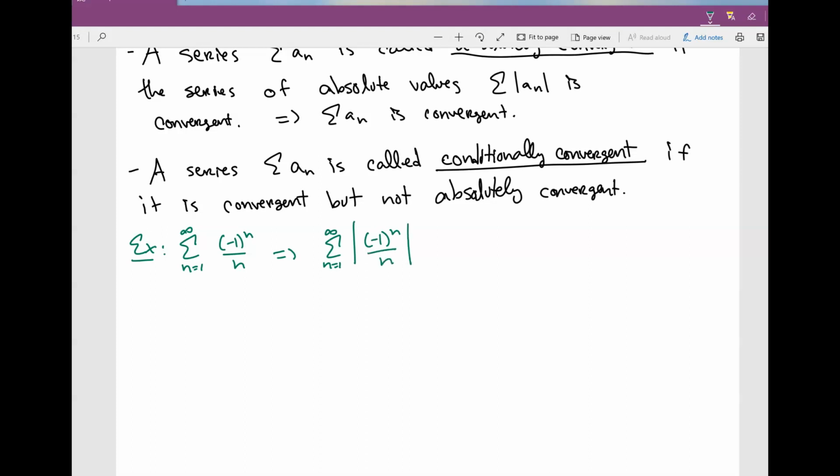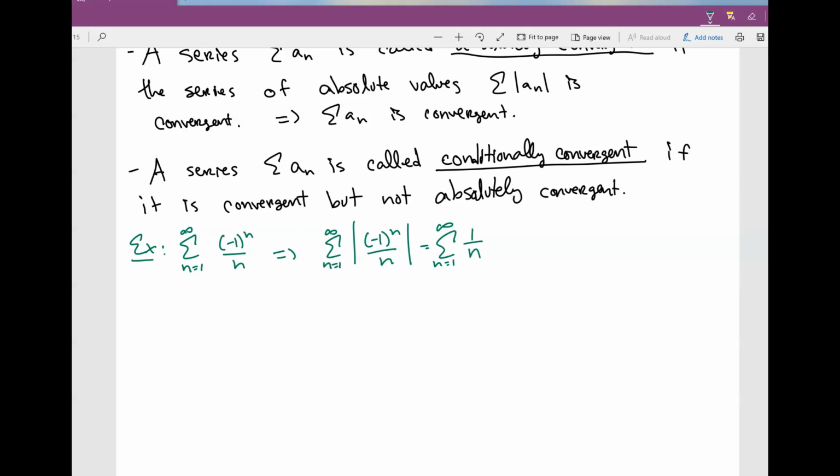This whole top term is just going to become positive, because if I take the absolute value of a negative thing, it's going to give me positive. And the absolute value of n, well, n is never going to be negative. It starts at 1 and continues. So it's just going to be the sum from n goes from 1 to infinity of 1 over n.